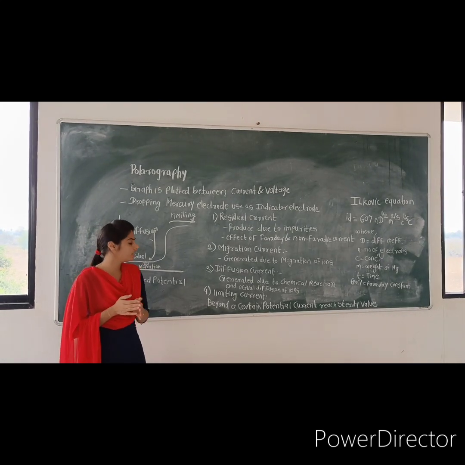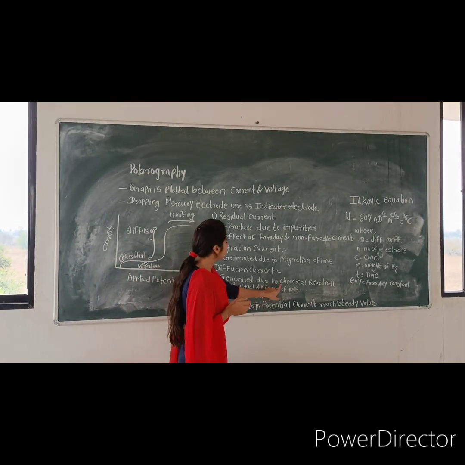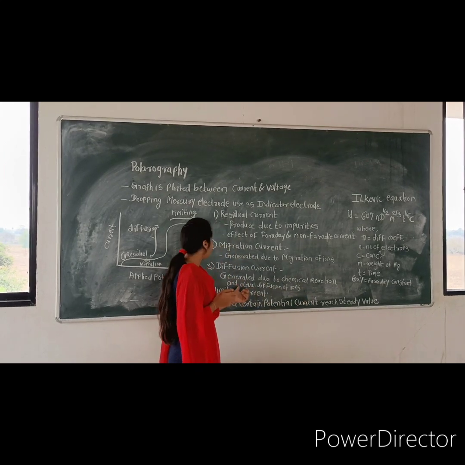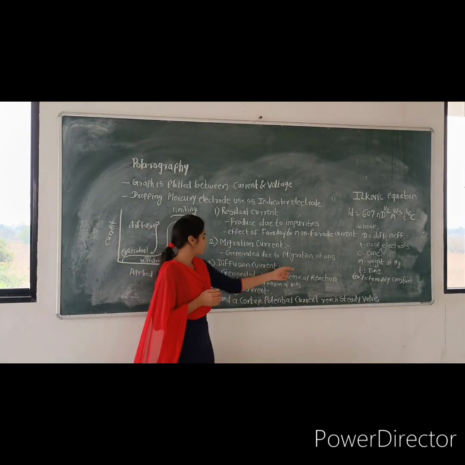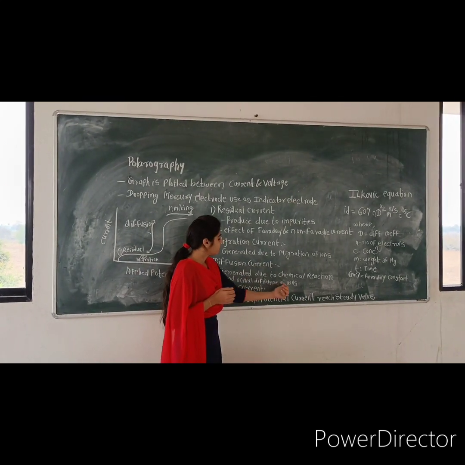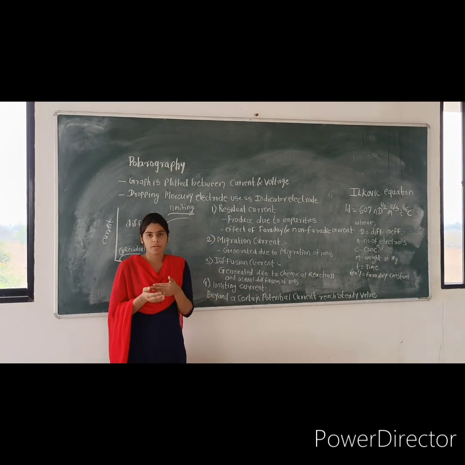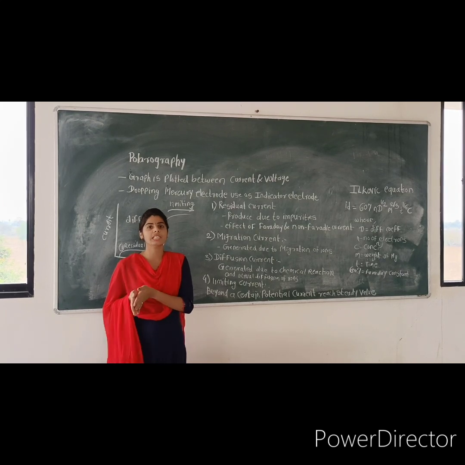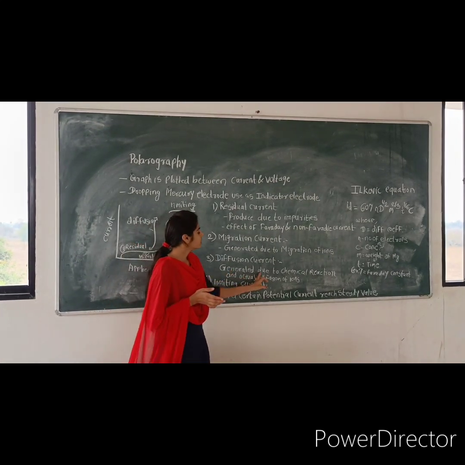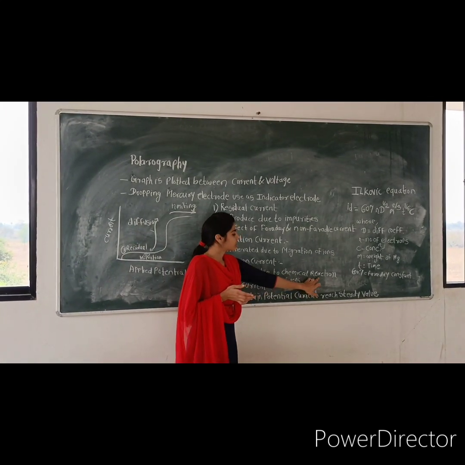This diffusion current is mostly generated due to the chemical reaction that occurs between these ions, and it is the actual diffusion of ions. Diffusion current means it is the maximum amount of current, or maximum energy, released, generated due to the chemical reaction.